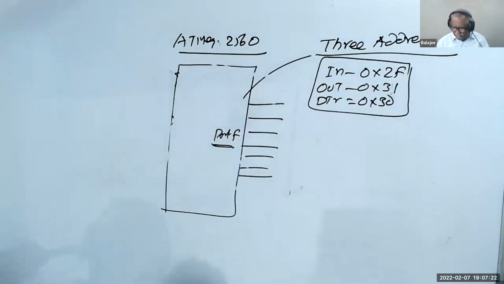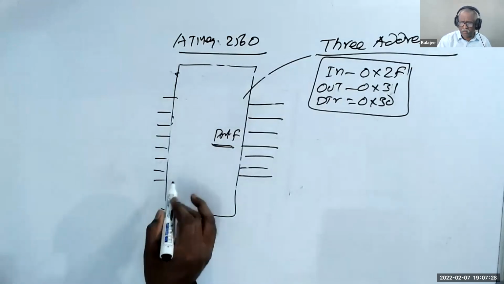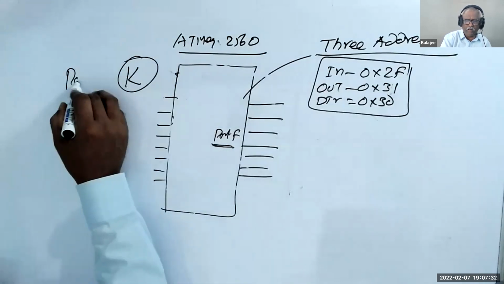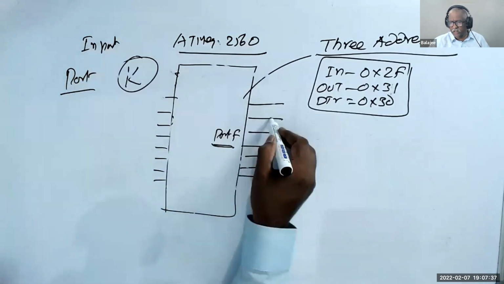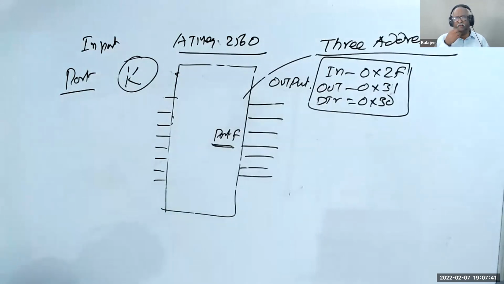We'll see the data sheet once again after some time. Now we use port K as an input, and let us use port F as an output. Understand? That's a trick.